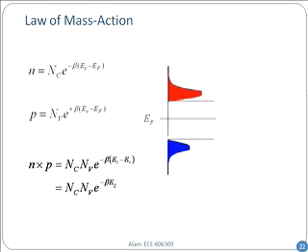Because in one case I have plus EF, another case I have minus EF. EF disappears. This product, do you see, is independent of anything of the material. And so long as I know the material, I know NC, I know NV, and do I know the band gap? Of course.